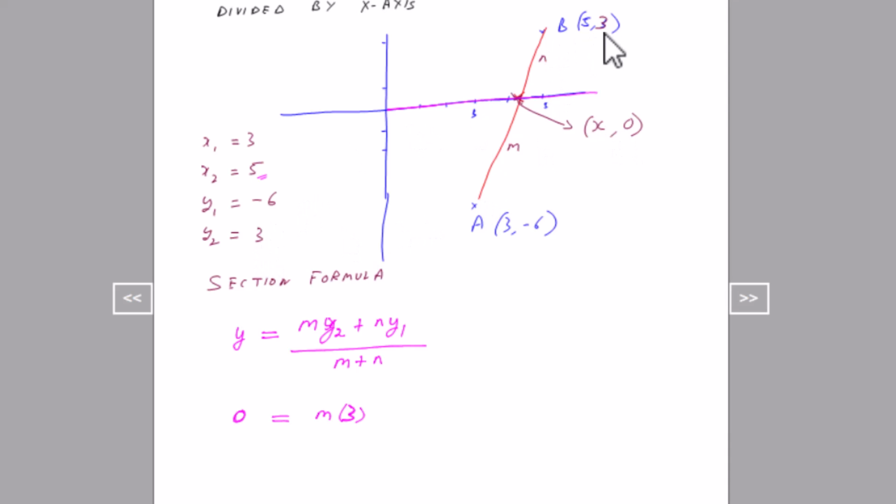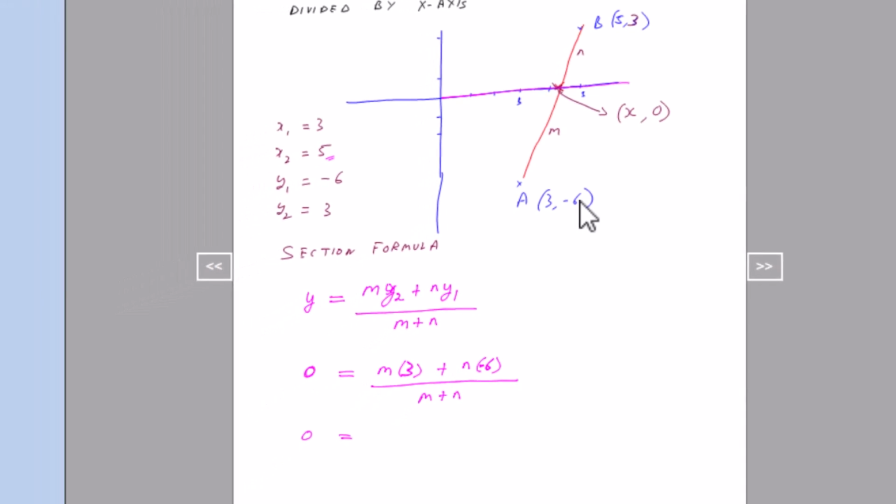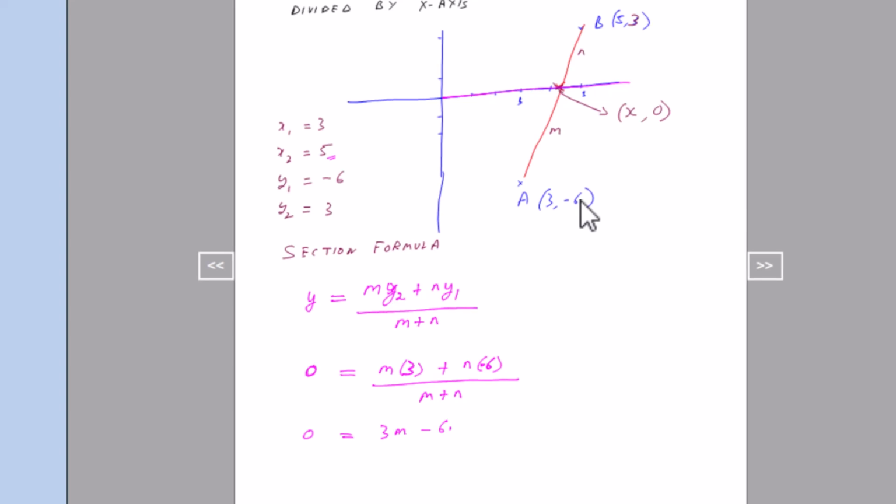This is x2 and y2, and this is x1 and y1. Plus n y1. y1 is -6. Divided by m plus n. So we have 0 equal to (3m minus 6n) divided by (m plus n).